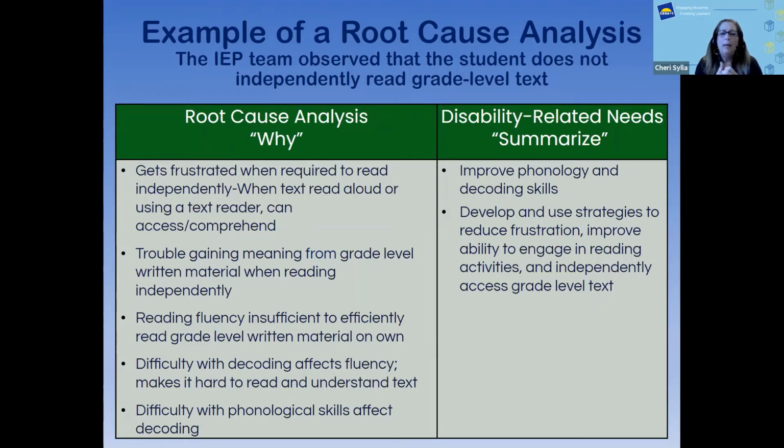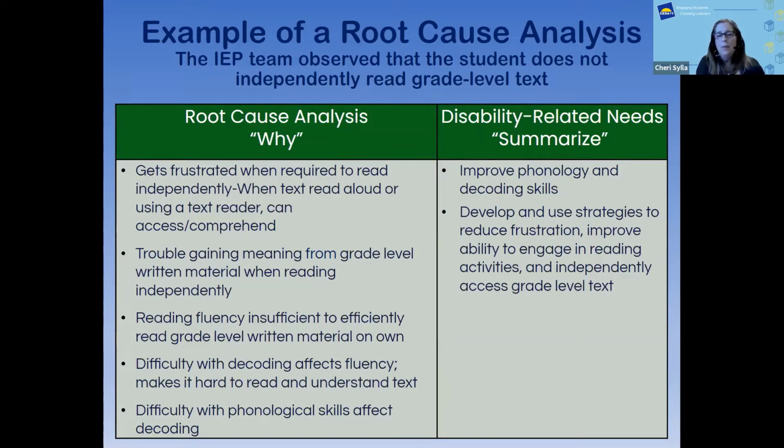Well, his reading fluency is insufficient to efficiently read grade level written material on his own. Well, why isn't his reading fluency sufficient enough? Well, because the student has difficulty with decoding, which affects his fluency and makes it hard to read and to understand text. Well, why does the student have difficulty with decoding? Because the student has difficulty with their basic phonological skills, which affects decoding.